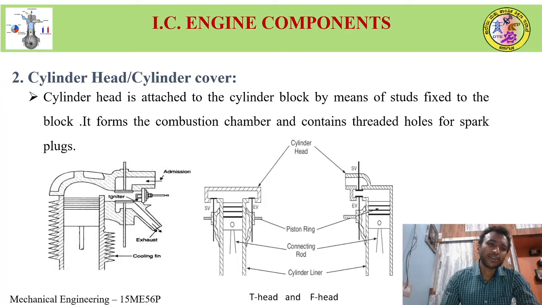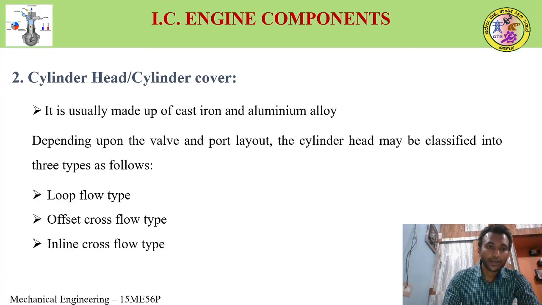But the cylinder head which is placed separately is more advantageous when compared to the cast one. So this is the cylinder cover. Usually the cylinder cover is made up of cast iron and aluminum alloy. Depending upon the valve or port layout, there are three types: loop flow type, offset cross flow type and inline cross flow type.